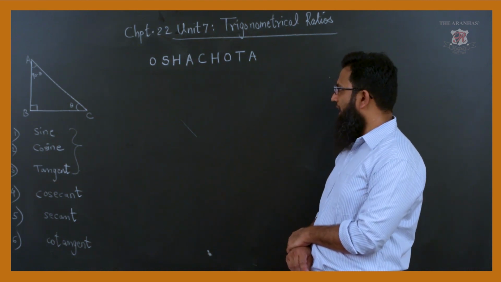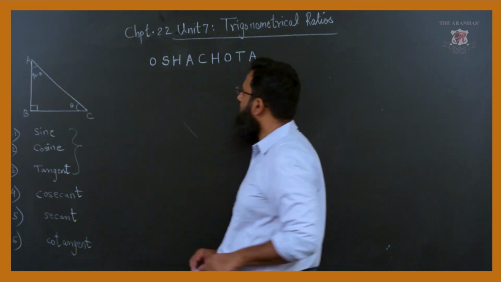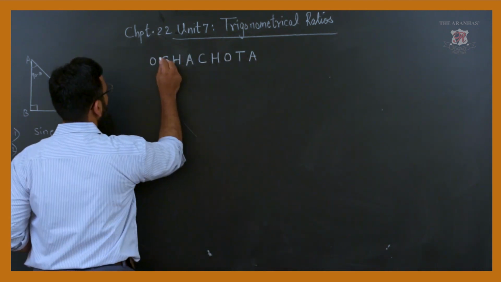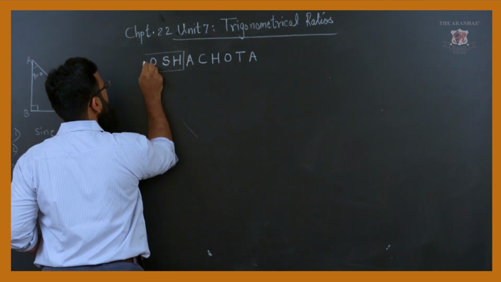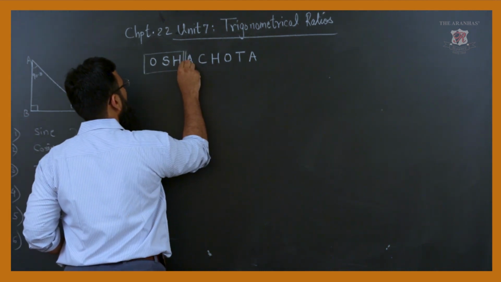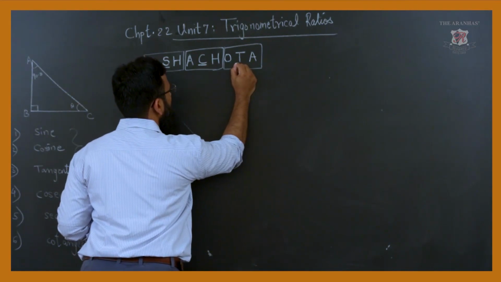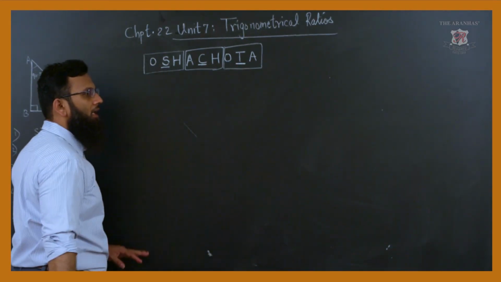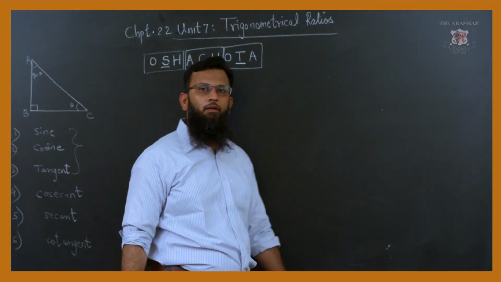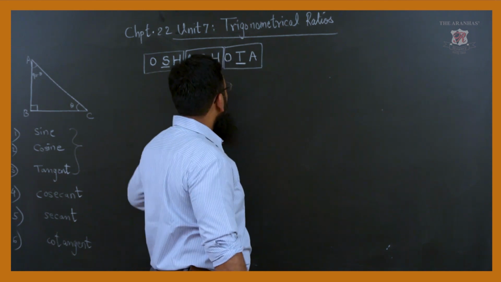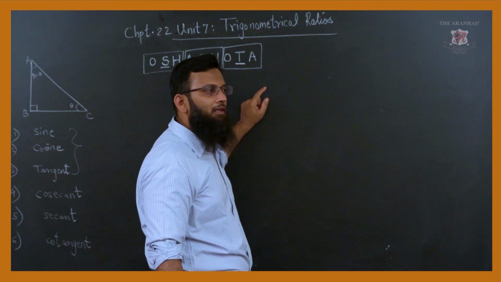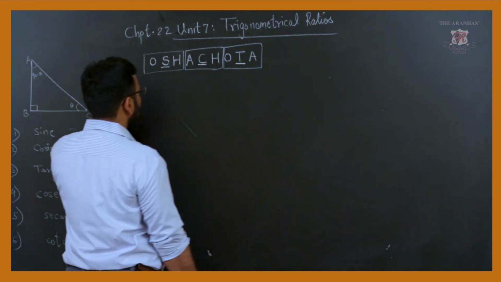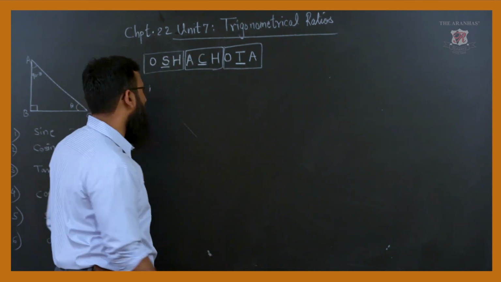Now how to do that? First thing is, you couple up in each case the middle alphabet. Once the middle alphabet is underlined, now it is very easy for us to define. See how to do that.